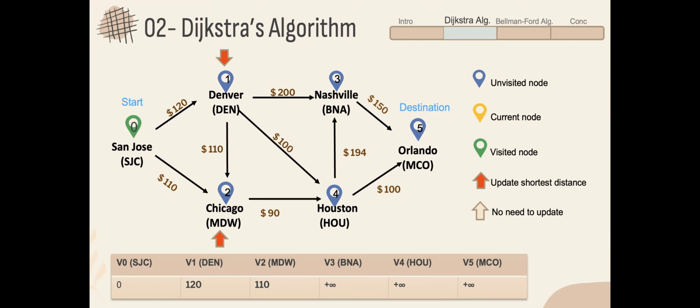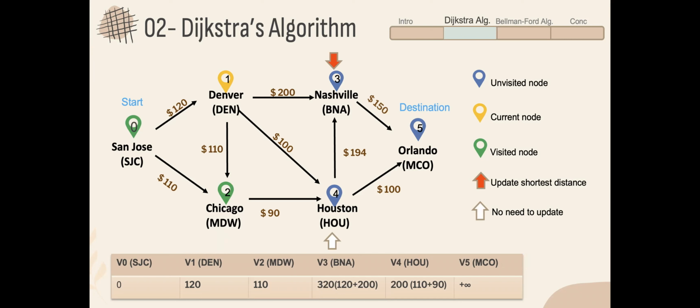Basically, we are doing a breadth-first search, looking at all adjacent cities and updating the cost if it's lower than the previous cost. Then we pick the next node with the lowest cost among the unvisited nodes, which is Chicago, and repeat the same process, and it will update the price of Houston to $200. Next, we move to Denver and repeat the process again.